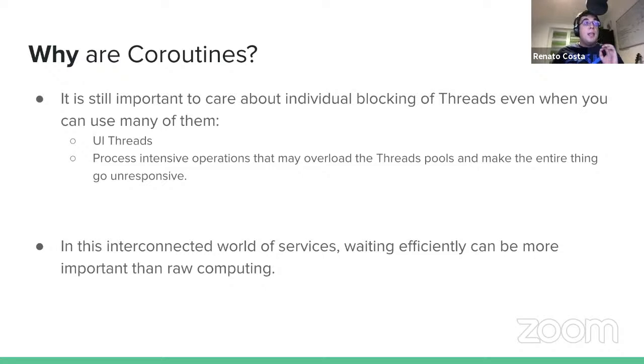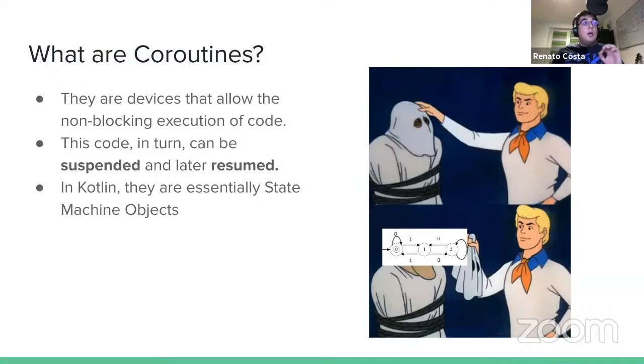And coroutines are amazing for that. They're essentially devices that allow us to execute code without blocking. The basic idea is you can suspend that code and you can resume that code. In essence, they are basically just state machine objects. They have a context, a state, and they can stop, yield their resources to other coroutines to execute, and then they can resume from that point on later.